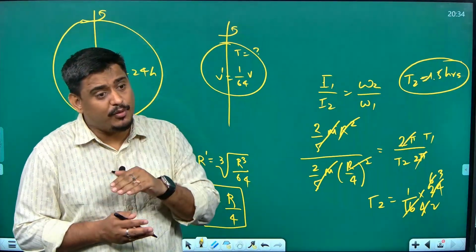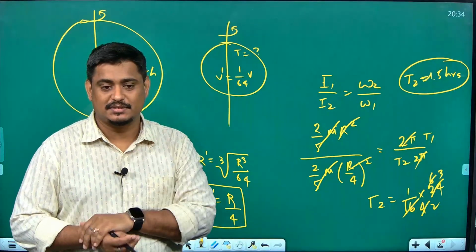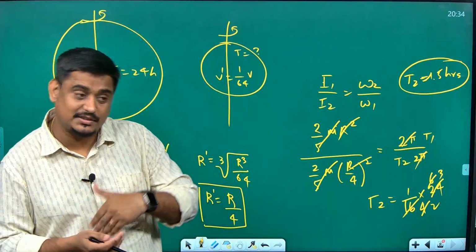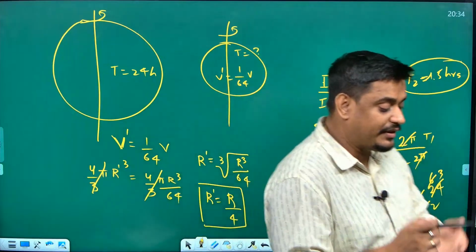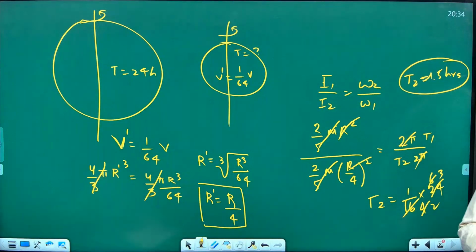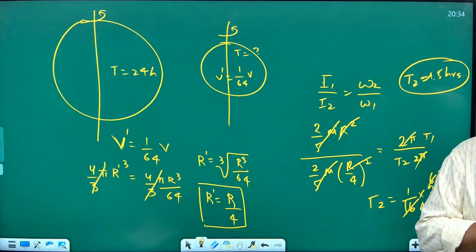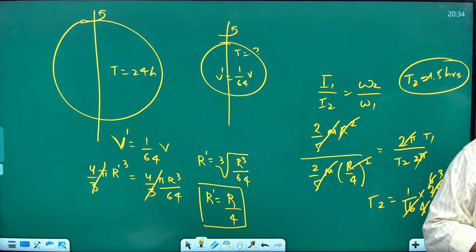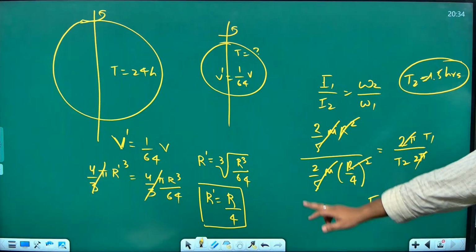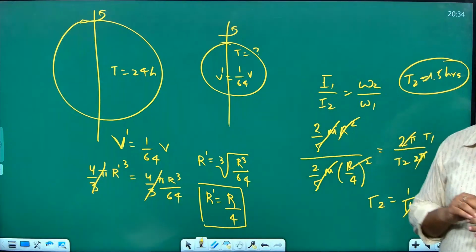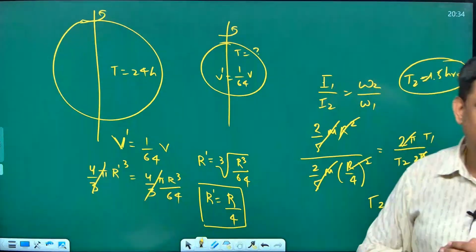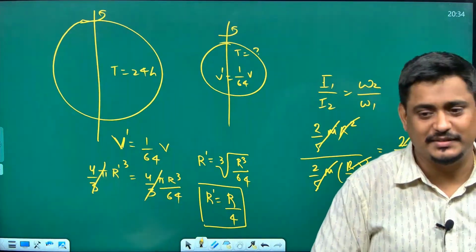Radius became 1 by 4, it became 1.5 hours. It is not directly proportional, it varies in a different way. When the radius of Earth became half, the time period became 6 hours in the previous question. When radius became 1/4, it became 1.5 hours. If it becomes 1/8, it will become some minutes only.